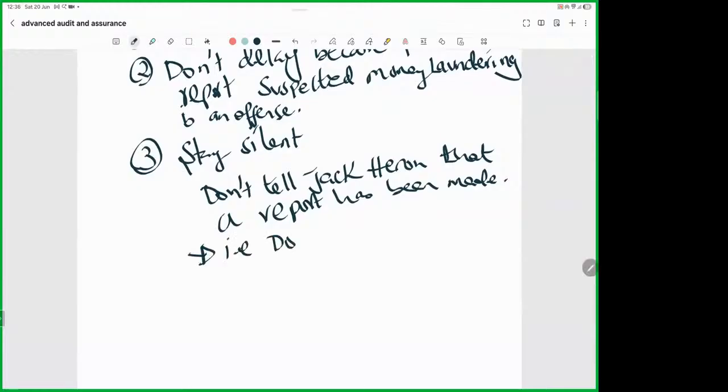I.e., don't tip off, because this is an offense. Very, very important. And once you do that, ladies and gentlemen, then you are good to go with that question.